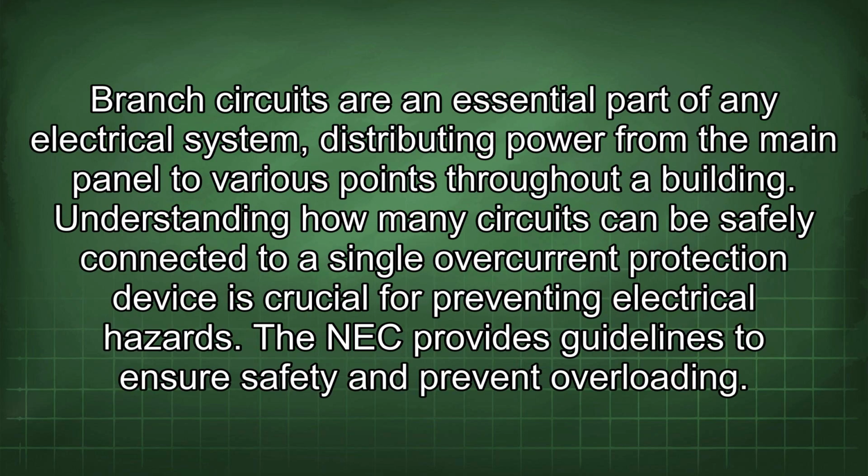Branch circuits are an essential part of any electrical system, distributing power from the main panel to various points throughout a building. Understanding how many circuits can be safely connected to a single overcurrent protection device is crucial for preventing electrical hazards. The NEC provides guidelines to ensure safety and prevent overloading.